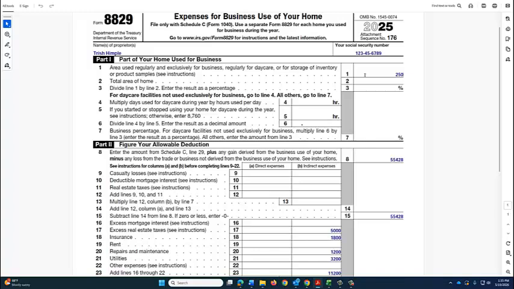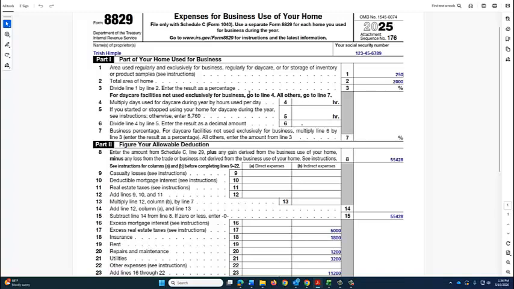You can't have toys in there from your children. You've got to use it 100% exclusively for business. And we were told that she uses 250 square feet. We were told in the problem that the total area of her home was 2,000 square feet.